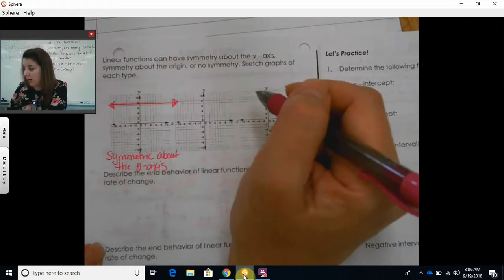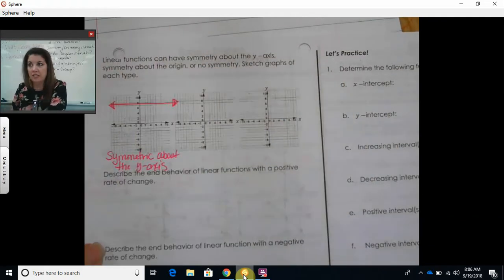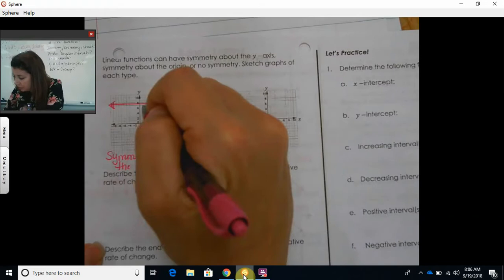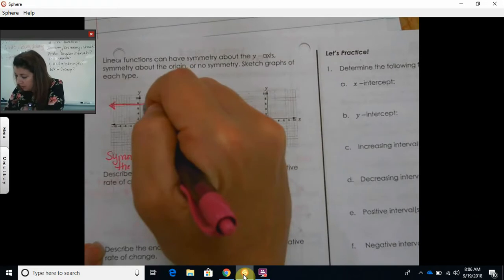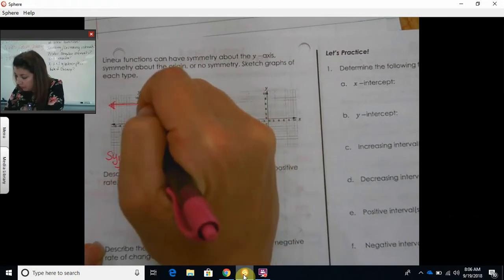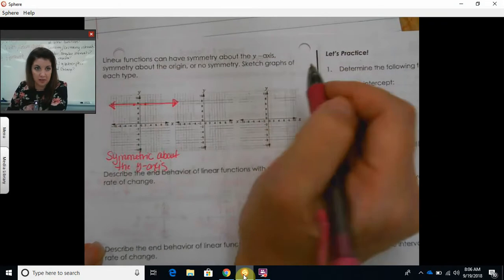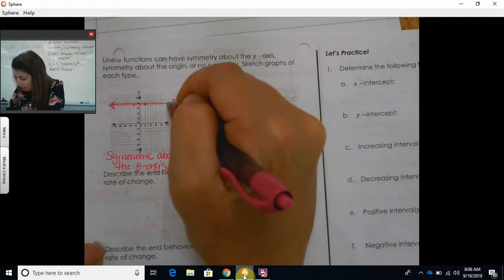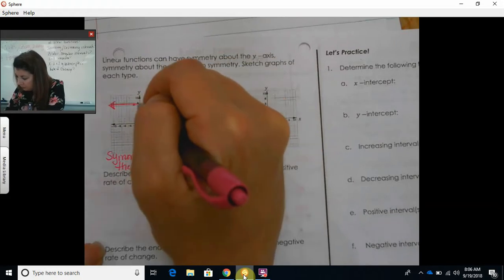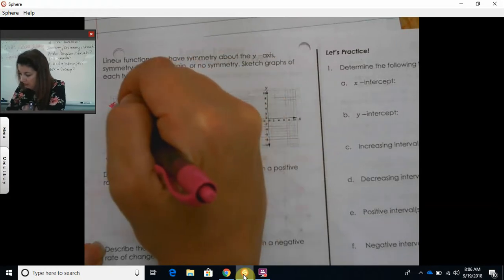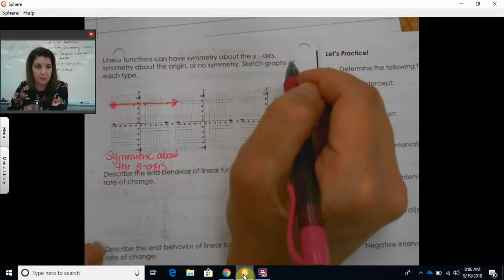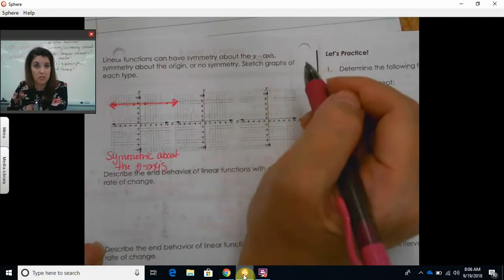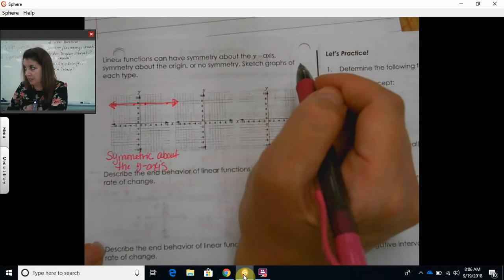If it's symmetrical about the y-axis, then the y-axis is like the line of symmetry, right? The left side reflects over to the right side across the y-axis. So say I chose a point that's 2 points to the right of the y-axis. If I go 2 points to the left of the y-axis, there's going to be a point there if it's symmetrical. If I choose a point 10 units to the right of the y-axis, if it's symmetrical, there should be a point 10 units to the left of the y-axis on the same line. There is. So we would say that's symmetrical about the y-axis. Okay?